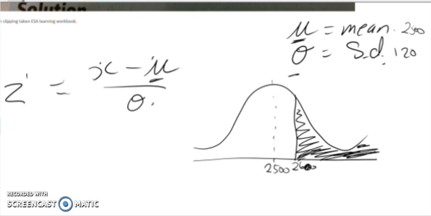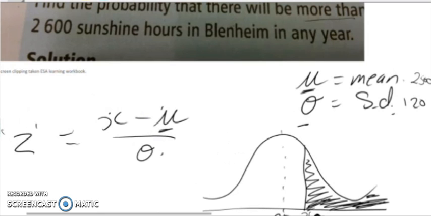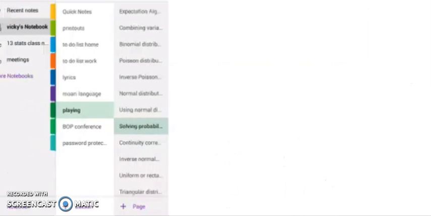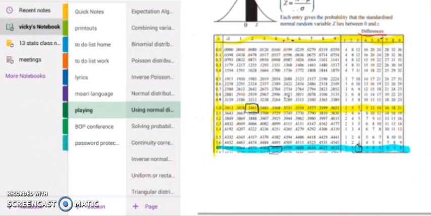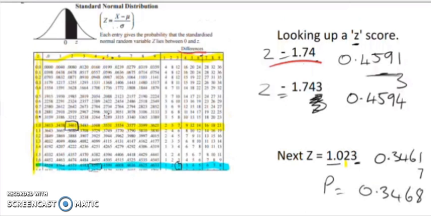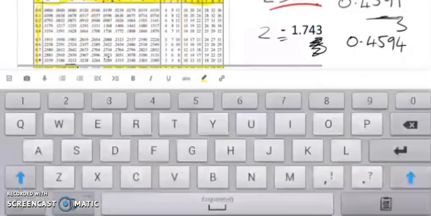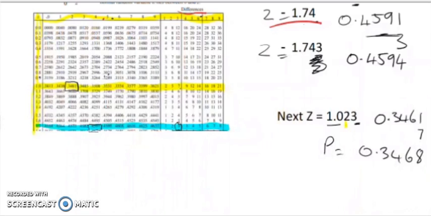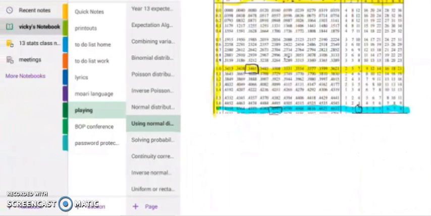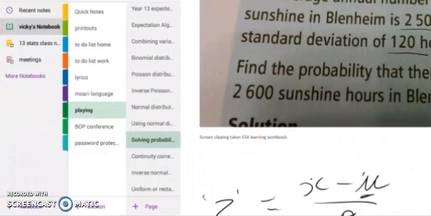Now, if we remember our normal distribution table, we have z-scores down here and here. So let's go back to where we're going to solve the problem.